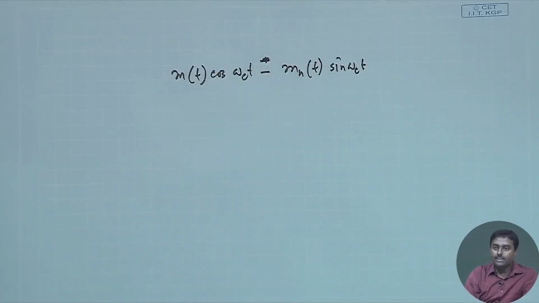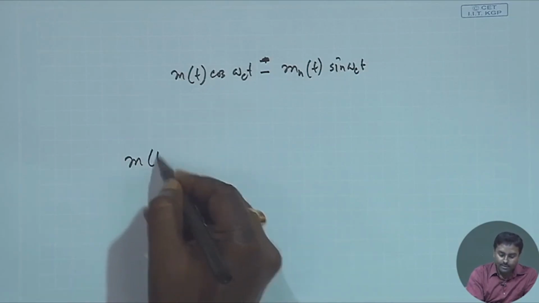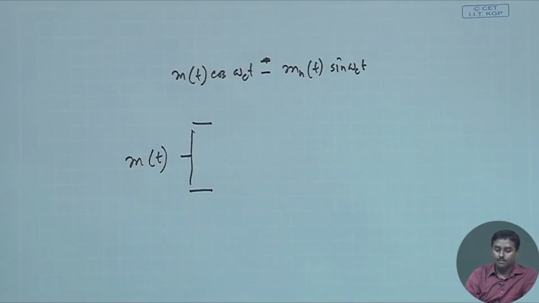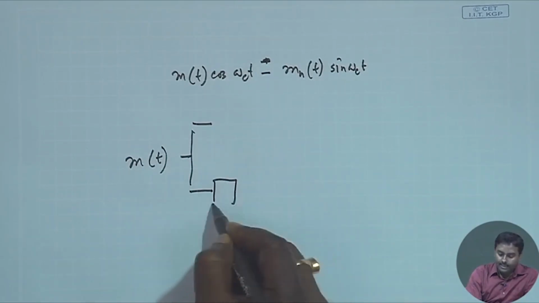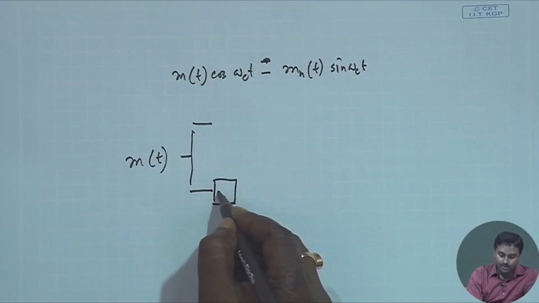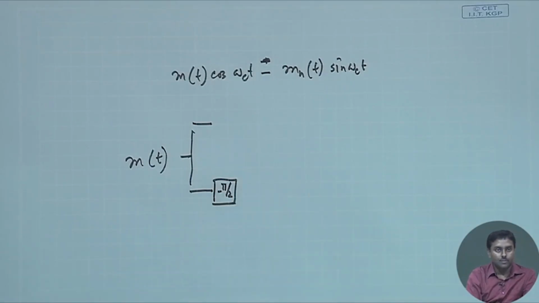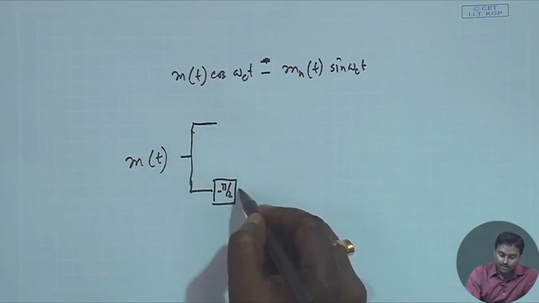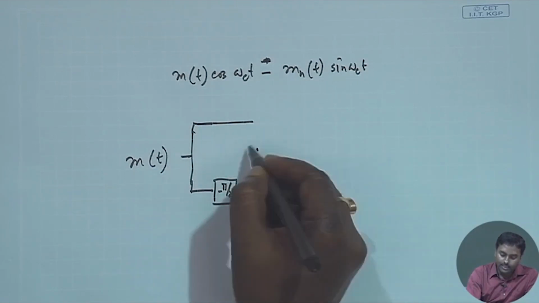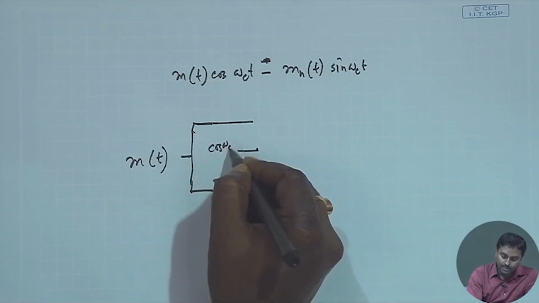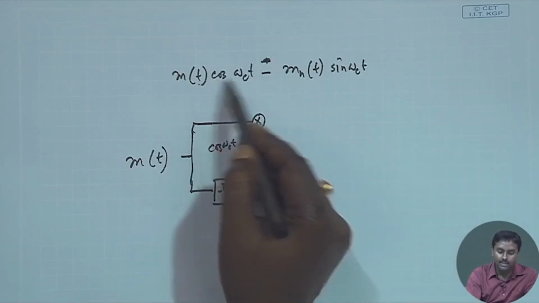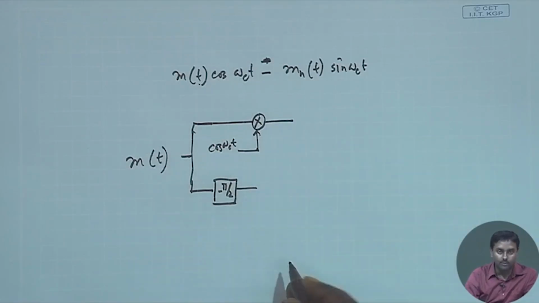So that means the generation is pretty easy. You take this m(t) into two arms, and here you give this Hilbert transform, which is a minus pi by 2 phase shifter. Remember this minus pi by 2 phase shifter for each frequency component. Then you generate a cos omega_c t and multiply it, so that will generate m(t) cos omega_c t in one arm.